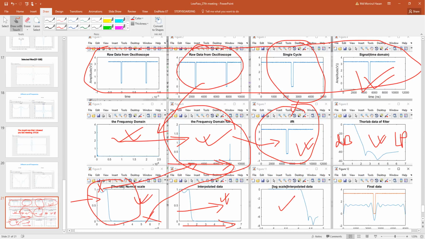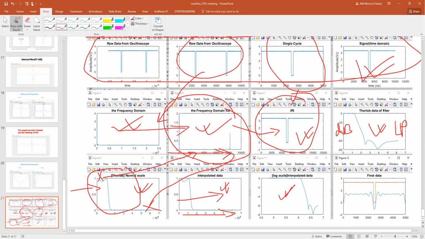If you plot in log scale, it will look like that. The frequency response will start from here, say 4.5 to 6.7. Originally it was something like that, and the final result will be something like this.